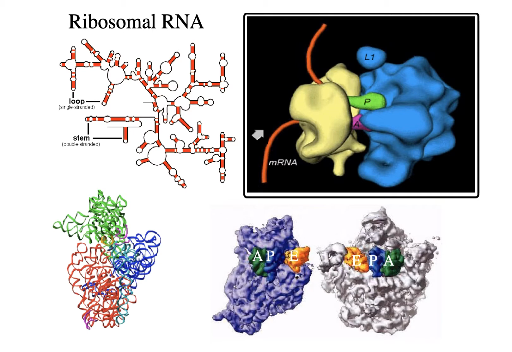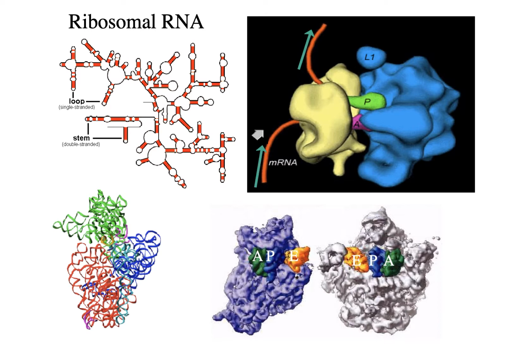Here is a different view showing the large subunit and small subunit with the tRNAs at the A and the P site, and then the L1 is a loop where the tRNA without the amino acid is pushed off or exits the ribosome.